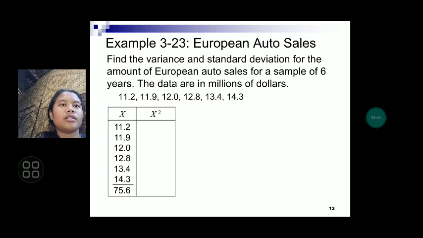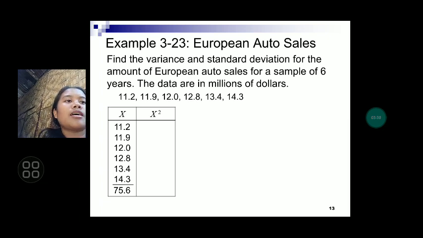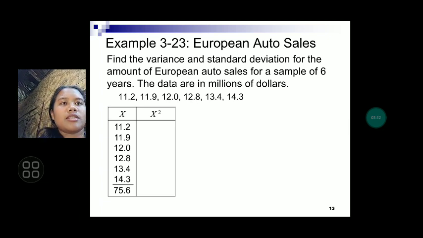So, the example is: find the variance and standard deviation for the amount of European auto sales for a sample of 6 years. The data are in millions of dollars: 11.2, 11.9, 12.0, 12.8, 13.4, and 14.3.